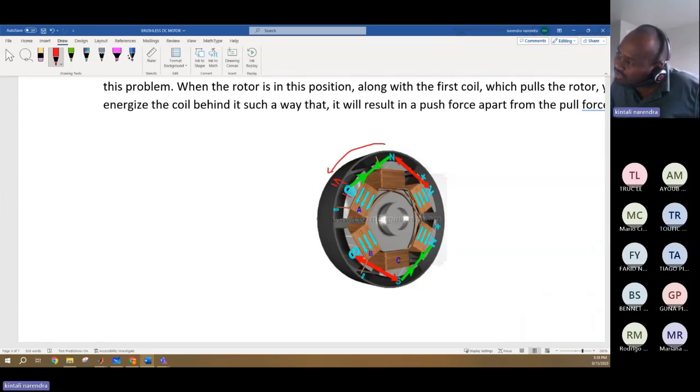And again you will change this to N. Then again there will be a repulsion force between the black one and the metal piece, the stator. This is the stator, and this is the rotor. Because of the repulsion force, it will come here again. So what you are actually doing is controlling the current which is flowing through each of these coils.